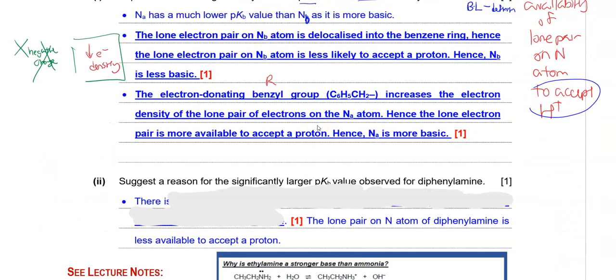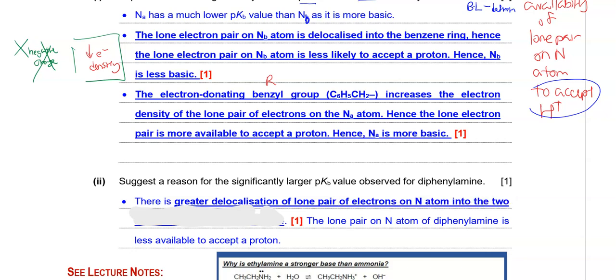So there is a greater extent of delocalization. As a result, the lone pair is even less available to accept a proton. So a simple reason like this will be sufficient. The key idea is to compare the extent of delocalization of the lone pair of electrons into the benzene ring.